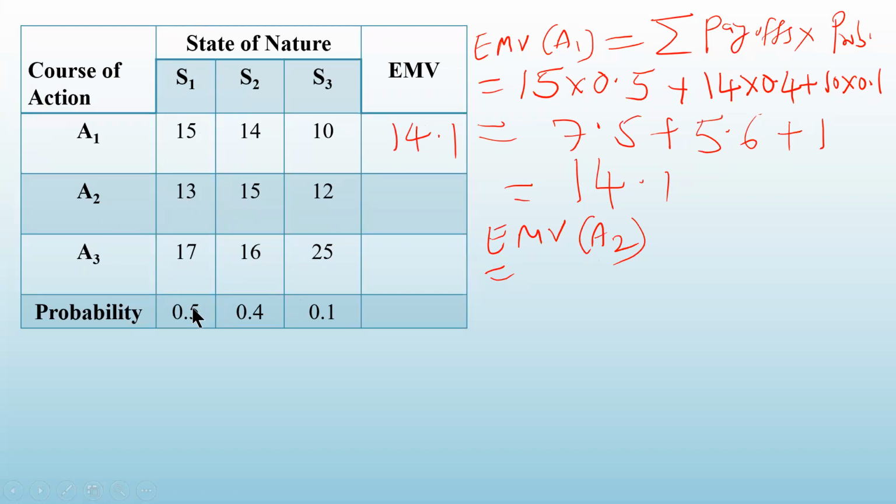Look at the probability of S1. It is 0.5. So 13 multiplied by 0.5 plus 15 multiplied by 0.4 plus 12 multiplied by 0.1. Okay, find out that.